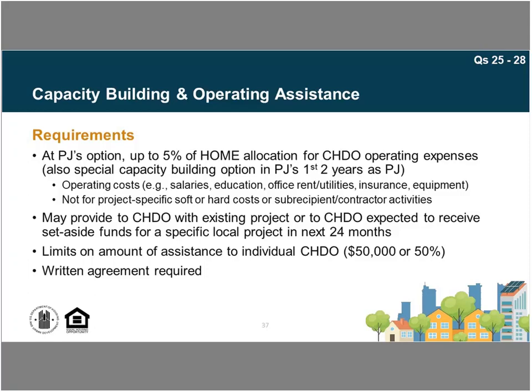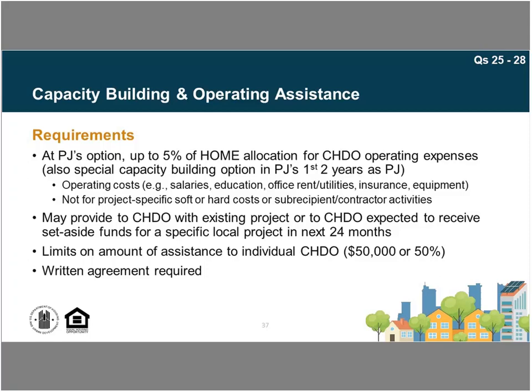We've had some PJs that got into the habit from early on of simply providing operating assistance to all of their CHDOs. Well, that's fine if they have existing projects and continue to apply for CHDO set-aside funds, but it's not a matter of just providing ongoing assistance. So as part of our documentation, we'd also be looking at this requirement.